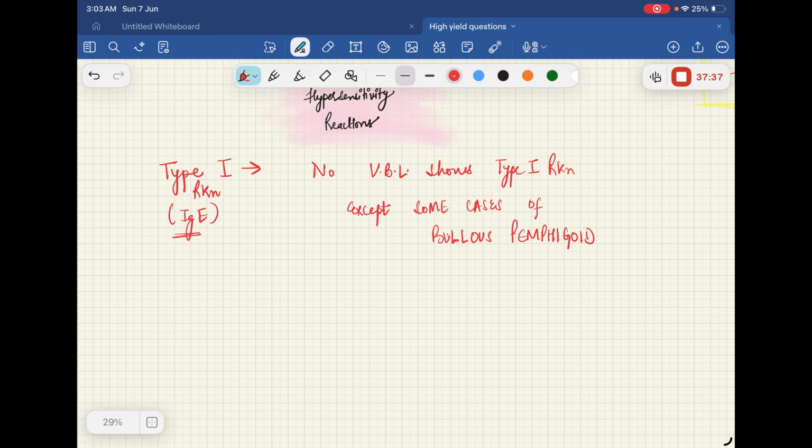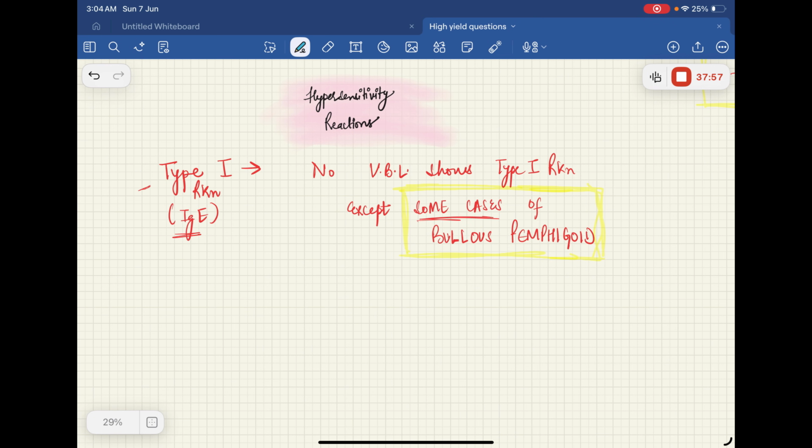So in options, if bullous pemphigoid is not given, you can take that no vesiculobullous lesion shows type 1 reaction. And not every bullous pemphigoid patient would show type 1 reaction, only some cases.